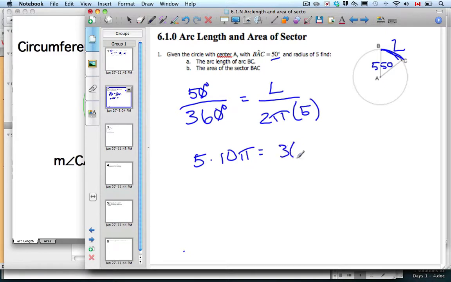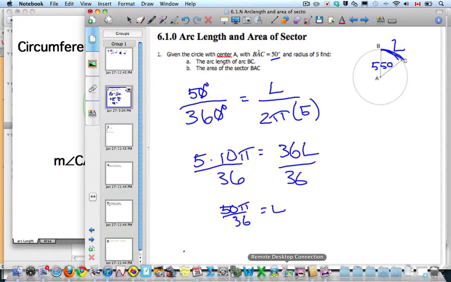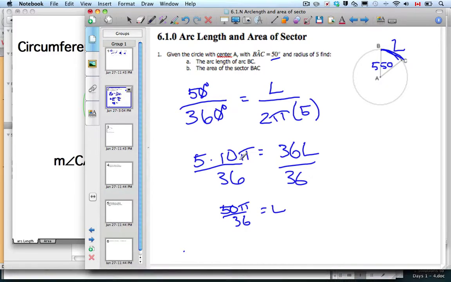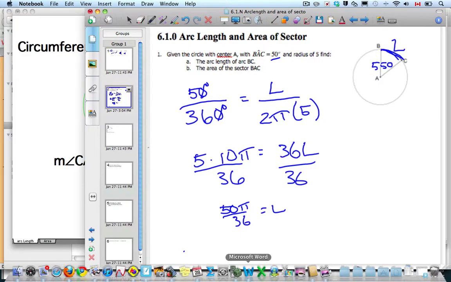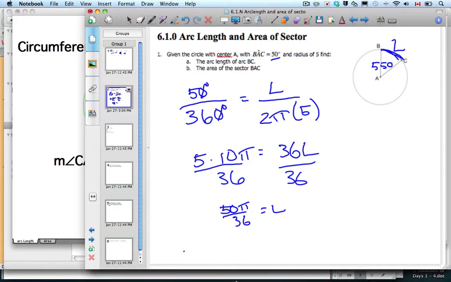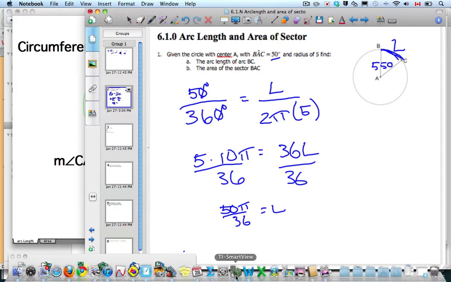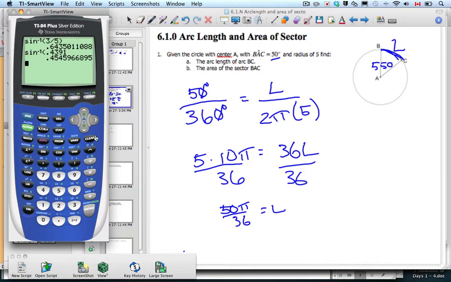equals 36L. I'm going to divide by 36, and I get 50 pi over 36 is that arc length. Let's reduce that a little bit. Sometimes it'll ask you for the value in pi form.